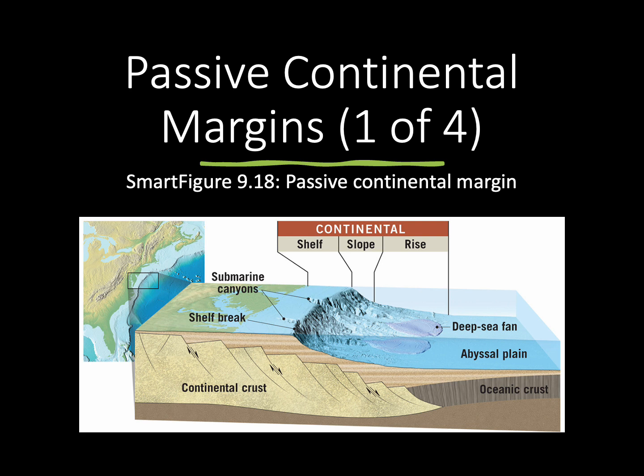You're still walking on top of a continent, it just happens to be underwater. But if we could walk a couple miles off of our continental shelf, we'll hit our continental slope, where we're going to have a really steep slope that will end in our continental rise, where we're going to get things like deep sea fans coming out of our submarine canyons. But we're going to go over each of these in just a little bit more detail.